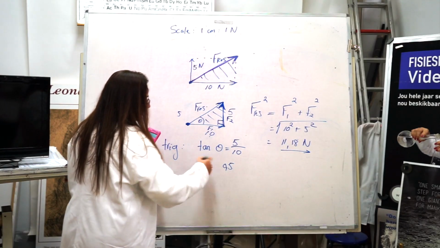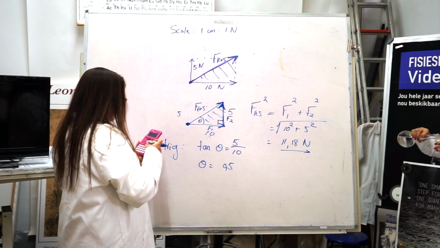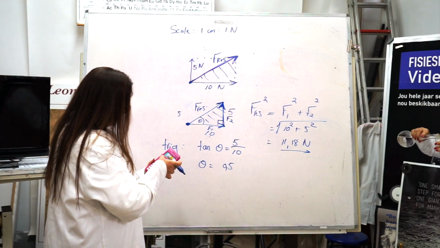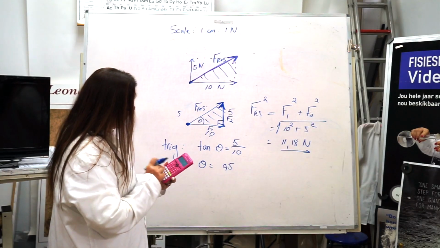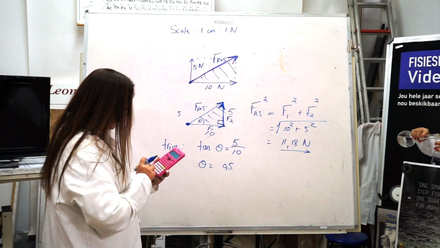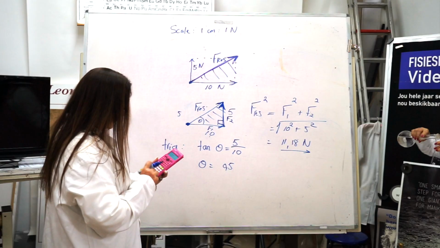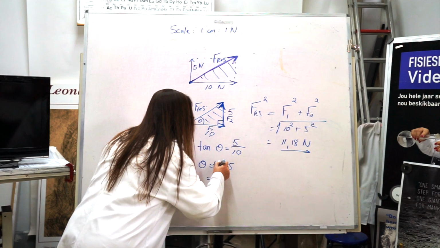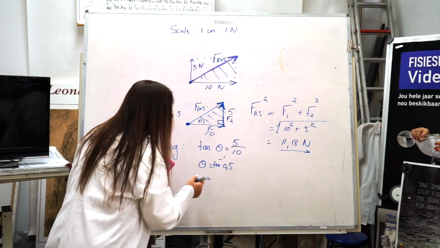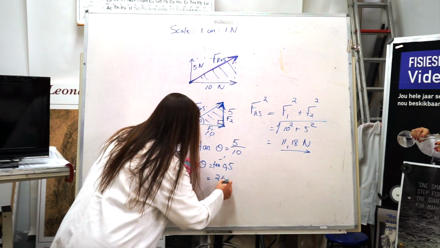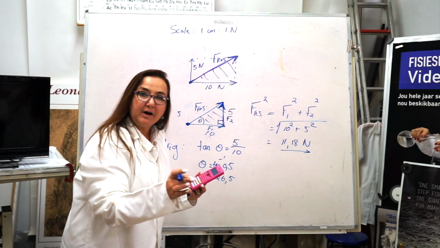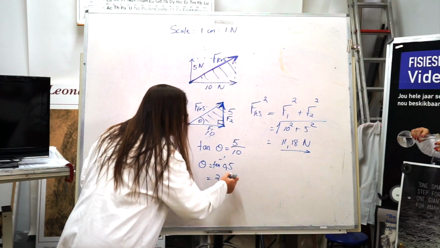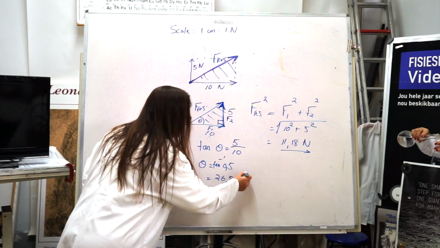How do I get my theta from the tan? I'm just going to say shift tan. So now I'm going to put into my calculator shift tan, and the value of 0.5, equals, and I get tan inverse, and I get 26.565. So what I'm now going to do is I'm going to make that 26.57 degrees.